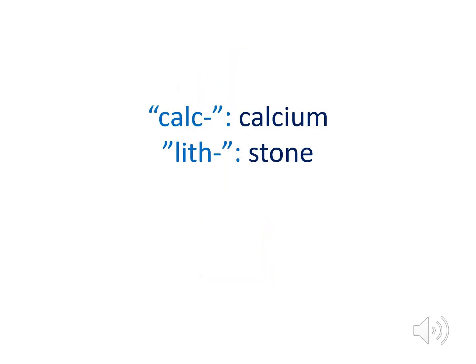We might call them urinary calculi, renal calculi, nephrolithiasis, urolithiasis. Anything with the root calc or lith could possibly be related. Calc meaning calcium, which is the most common thing that kidney stones are made out of. Lith, any word that has lith in it, there's some kind of stone involved there.